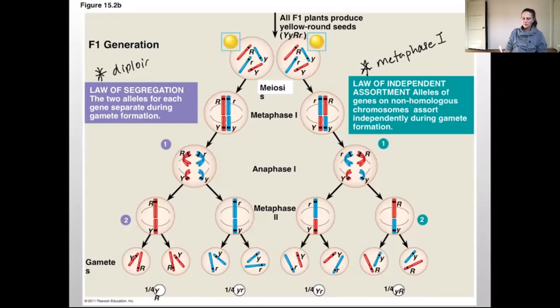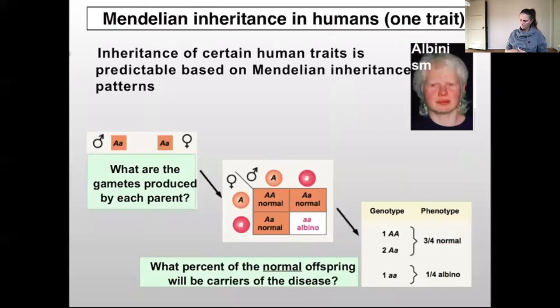This is really going from diploid to haploid, right? And that happens in anaphase 1 of meiosis 1. So those are Mendel's 2 laws. The law of segregation describes meiosis, going from diploid to haploid to make your gametes, and the law of independent assortment, where alleles of the genes can assort independently during meiosis.